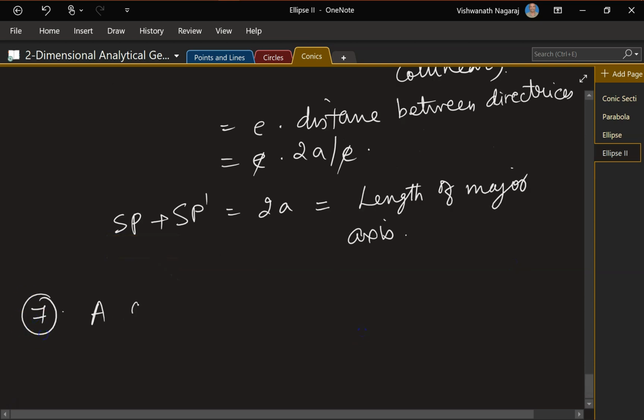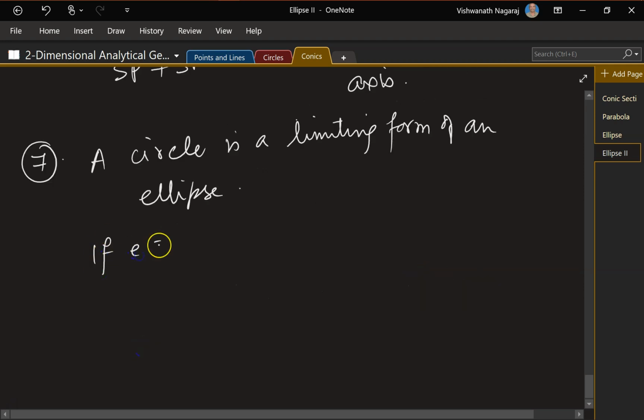Okay, a circle is a limiting form of an ellipse. Now, if E equal to 0, what happens?